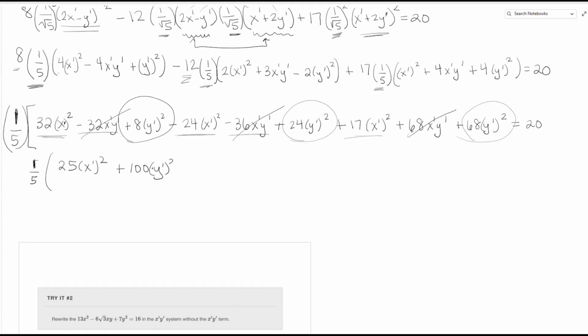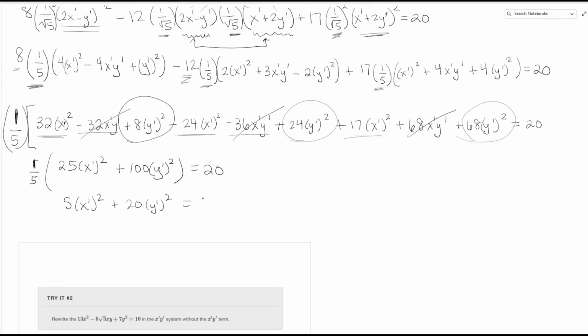You know, those y primes. I'm going to distribute the 1/5 and actually gain also 5 x prime squared and 20 y prime squared.